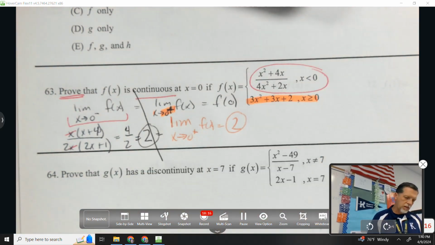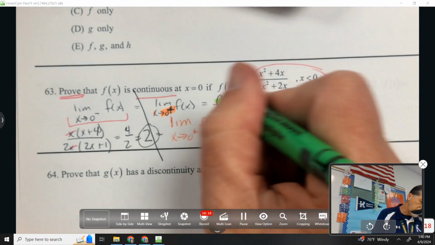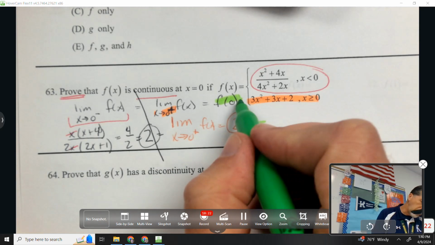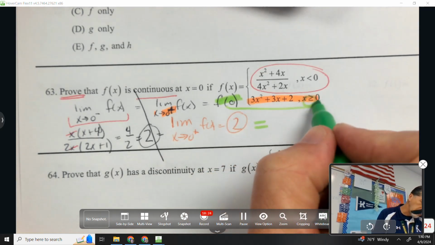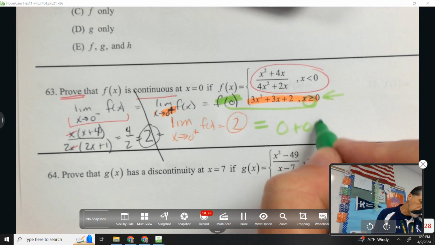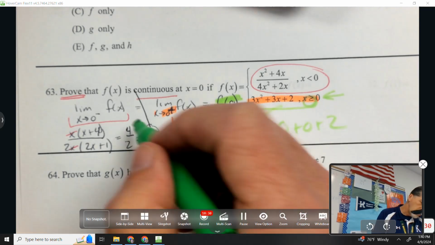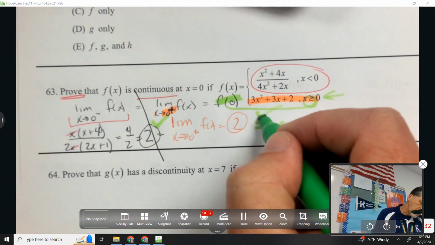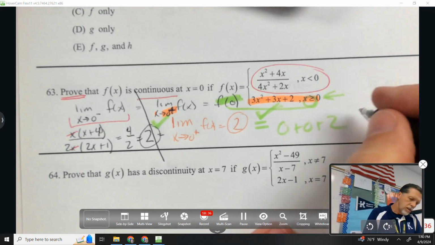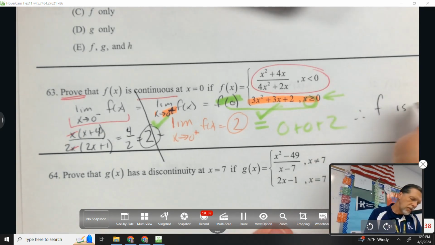Right, and then lastly, f of 0. Well, at 0, the equal sign is right here, so we would use this branch. 0 plus 0 plus 2. So we got 2 equals 2 equals 2. Therefore, f is continuous at x equals 0.